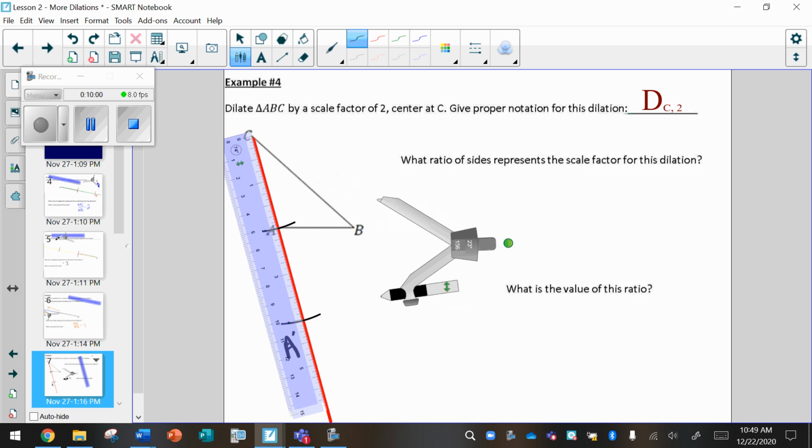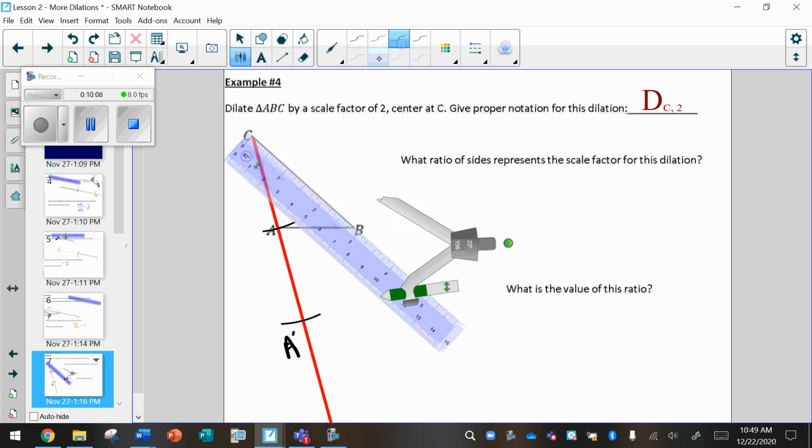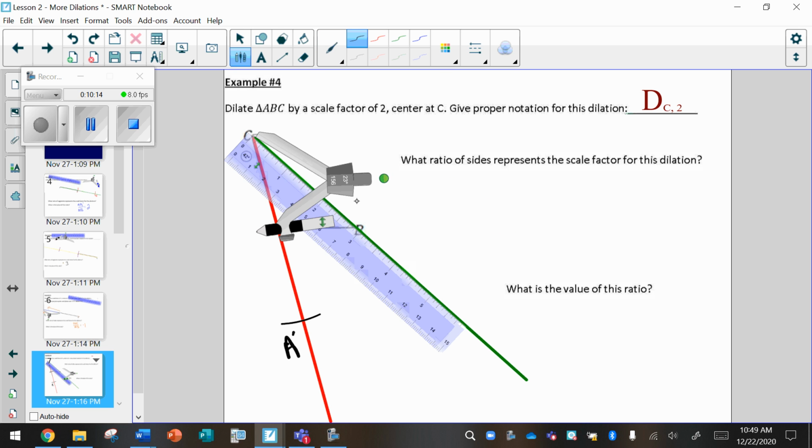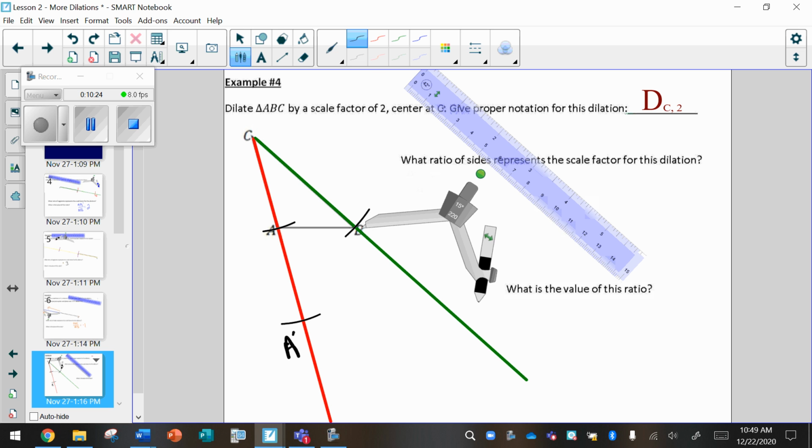I will follow the same process and steps through point B. Measure from C to B. There's 1.